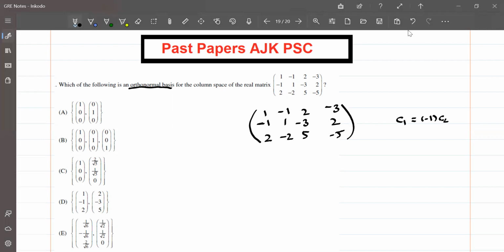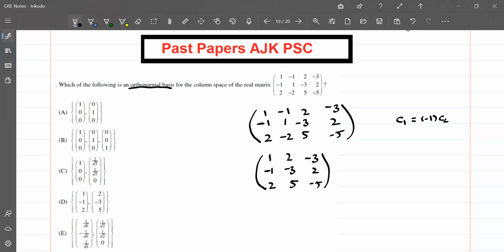So we will leave this column 2 because it is a multiplication of -1 with the first column. No need to write it, because they are linearly dependent on each other. So we can write 1, -1, 2, then 2, -3, 5, and -3, 2, -5.